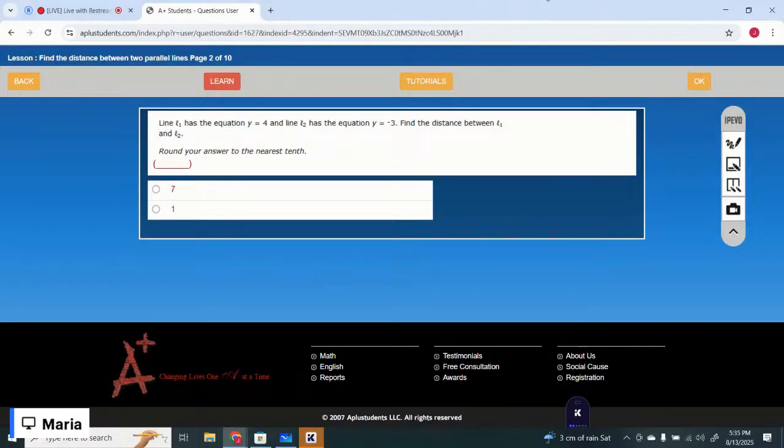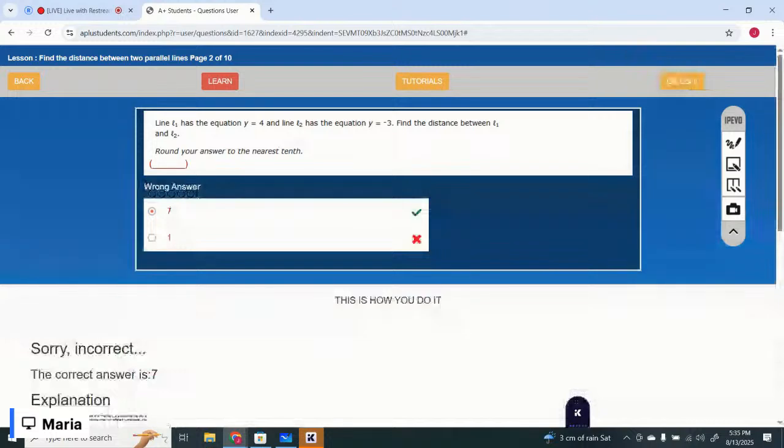So 4 minus 3 is 1. Option number 2 is the correct option. Seven? 4 minus negative 3, so 7 it is.